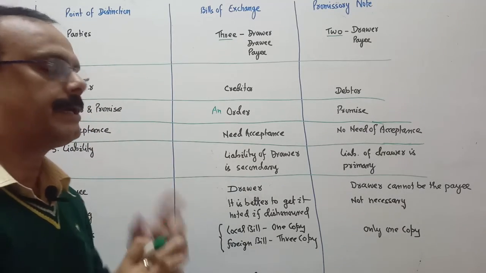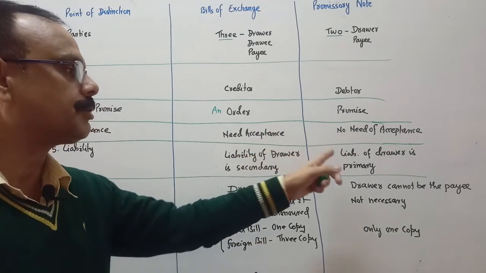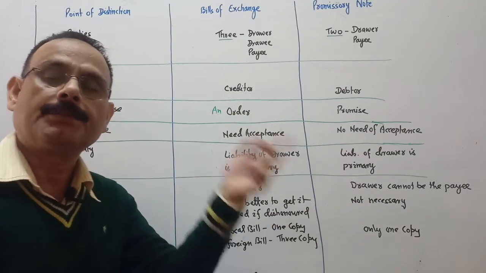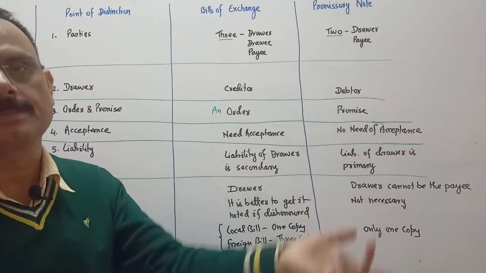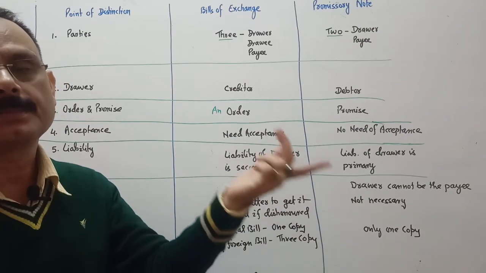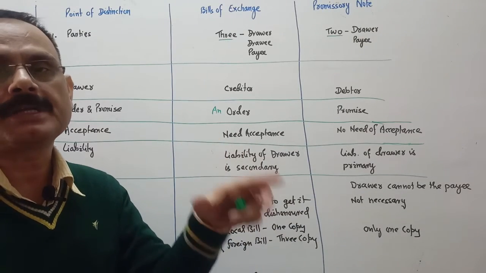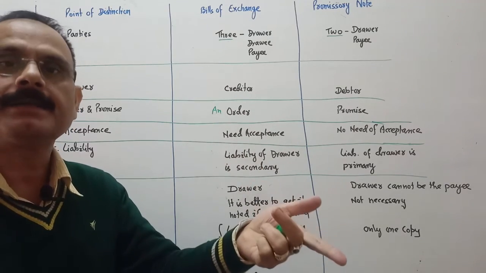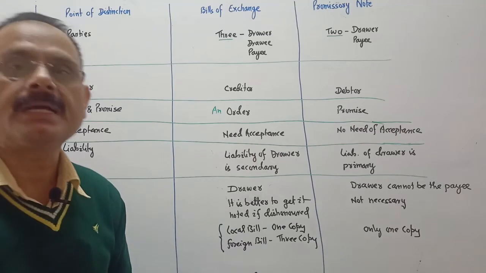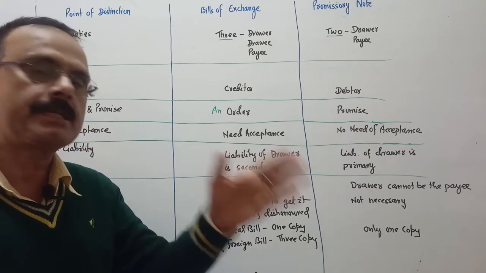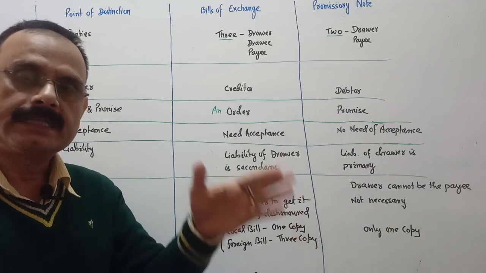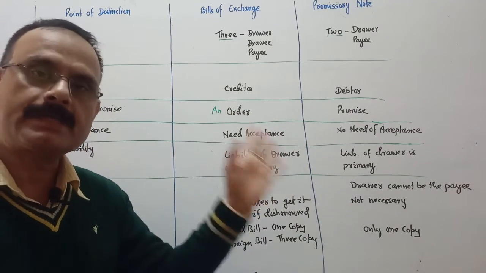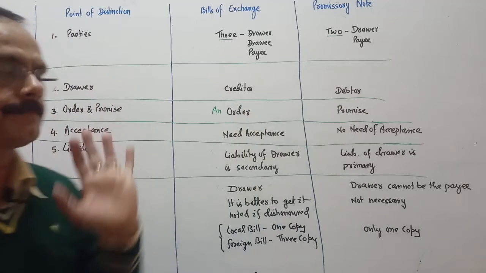So the drawer's liability is secondary, but in the case of a promissory note, the drawer's liability is primary, because the drawer is the customer who has made the promise to pay this amount after certain days or months. Here the debtor's liability, the drawer's liability, is primary.